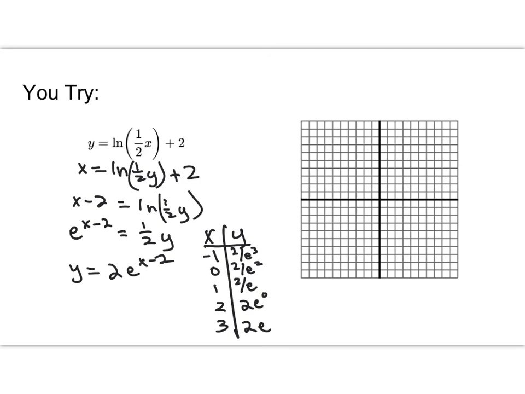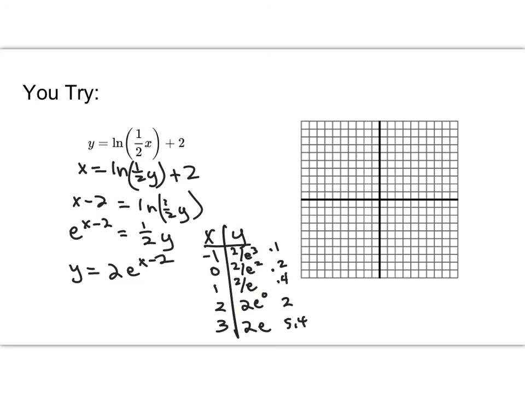And when I calculate values for that, I get about 0.1, 0.2, 0.4, 2, and 5.4-ish.